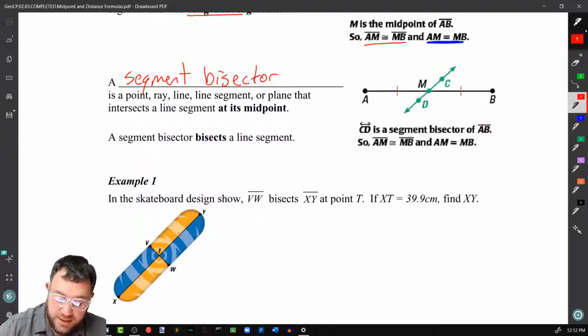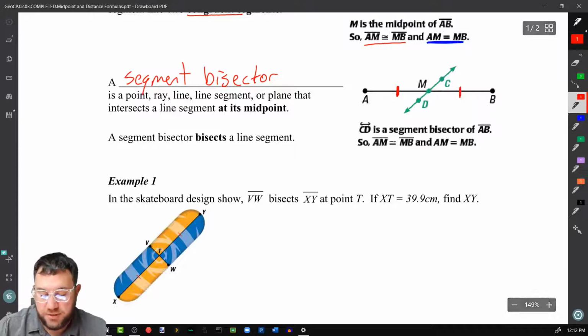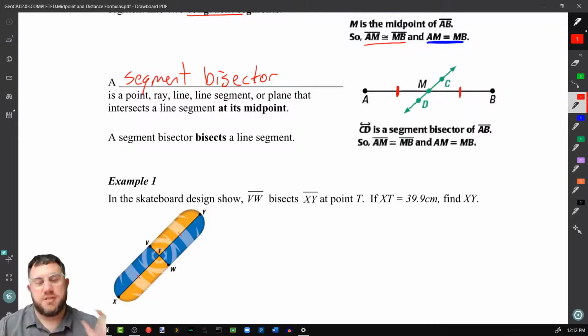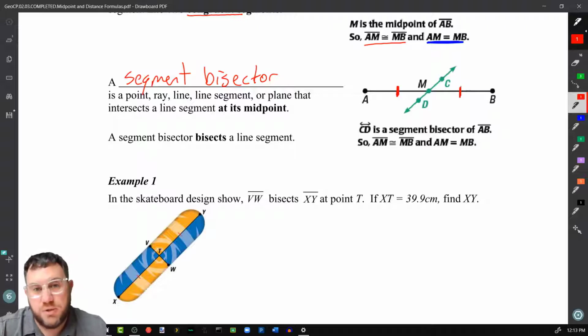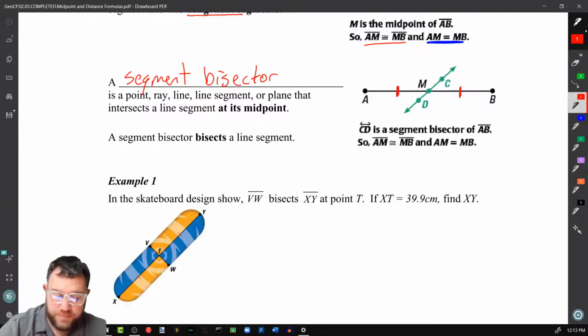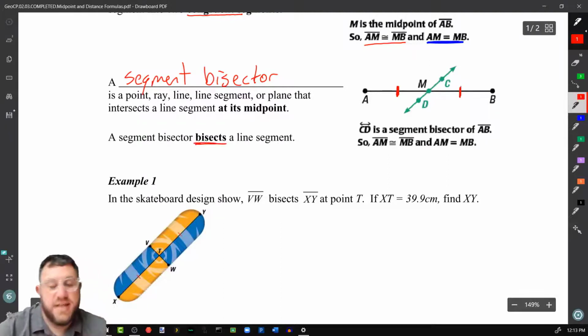So here in this figure on the right, we're told that the green line, CD, is a segment bisector, so we know that these two pieces of AB are congruent. So AM is congruent to MB, and we know that their lengths are equal. So just like we did before, we could set them equal to each other. And the word we use is bisects.